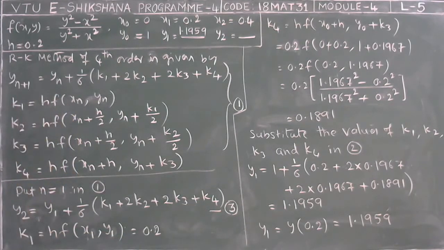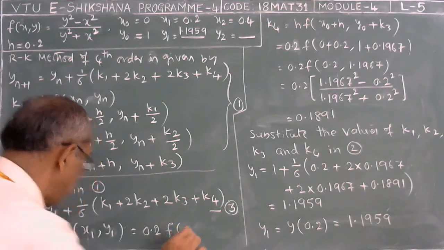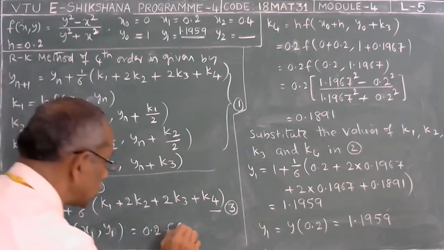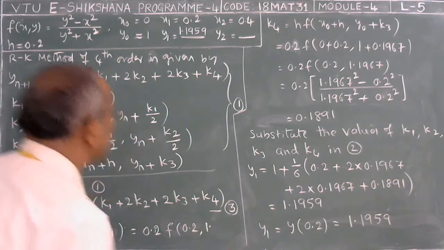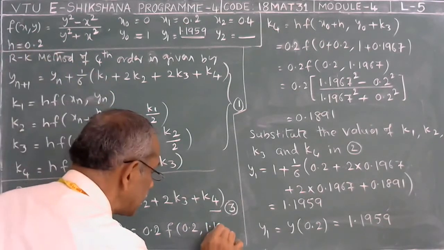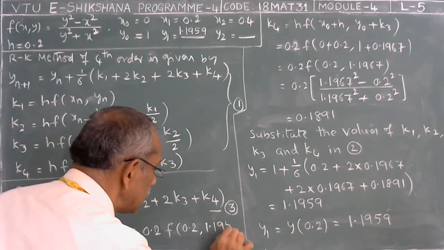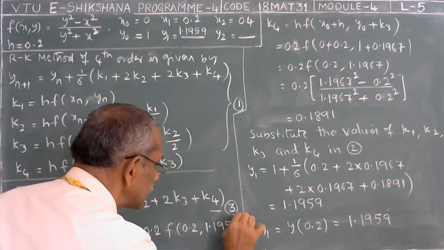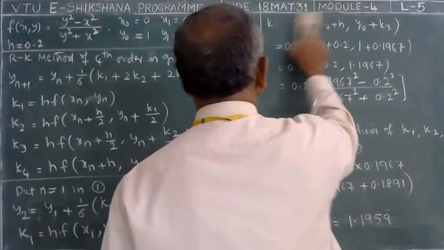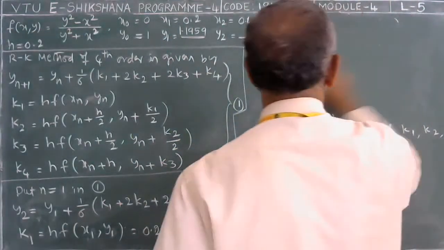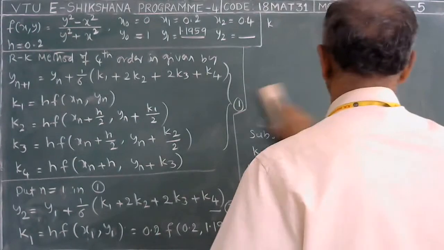if you substitute the values of x and y1, you get 0.2 comma 0.1958. So 0.2 into f of 0.2 comma 1.1959. Close the bracket. Okay. Now apply the definition here.